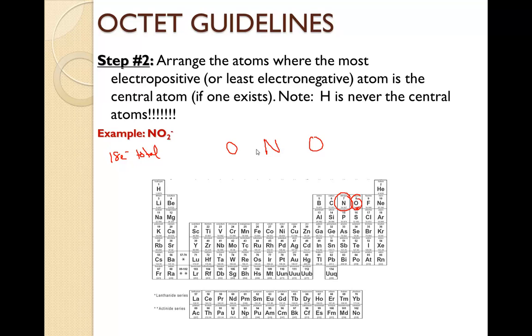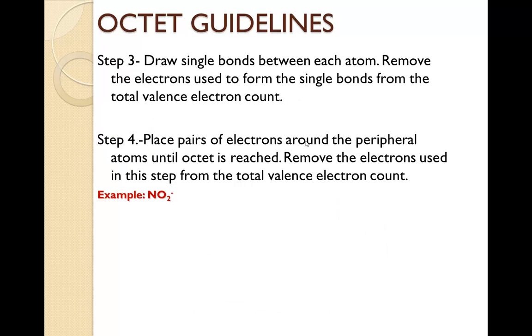We're going to connect these two. We've used up 4 electrons now. So draw single bonds between each atom. So N, O, O, we need 18 electrons total.